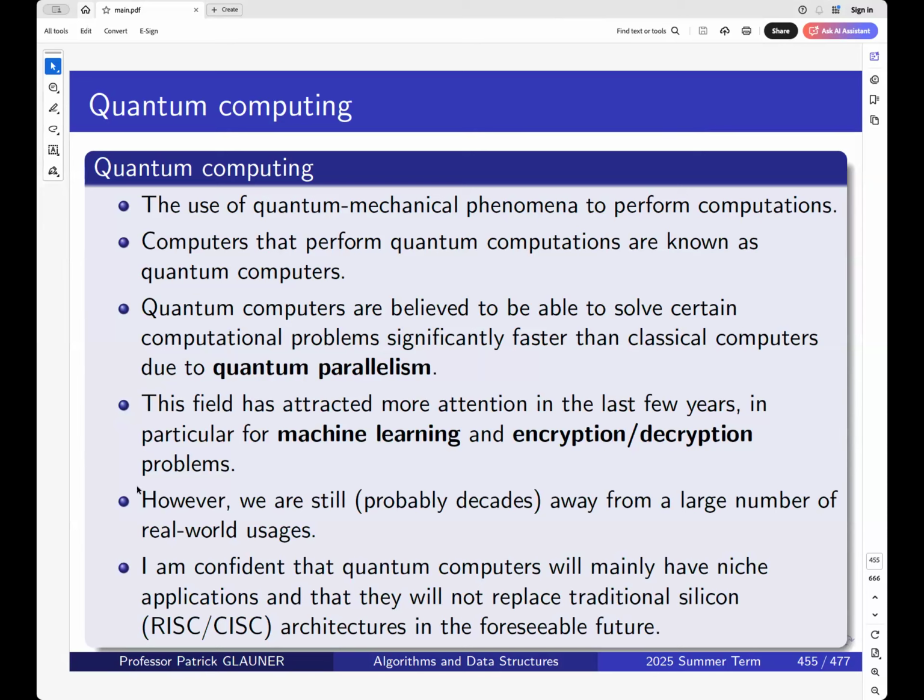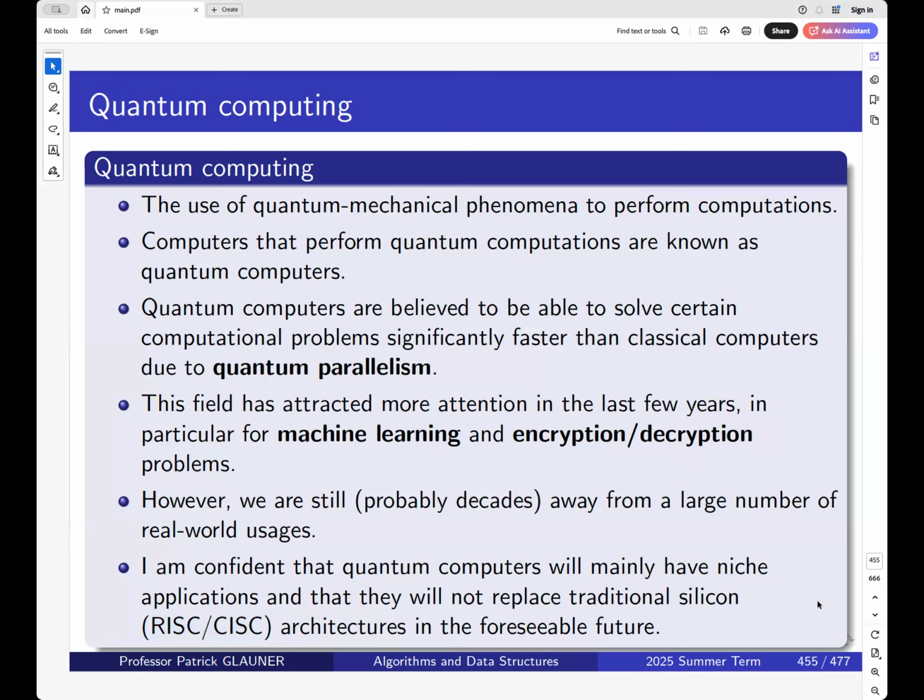And I think that the computing architectures we have in today's computers will probably still live for a very long time, because what we have in traditional computing nowadays is a combination of RISC and CISC architectures. And this is super helpful because our computers today are highly generic and we can use them for lots of computational problems. And it's quite easy to program today's computers to solve a problem.